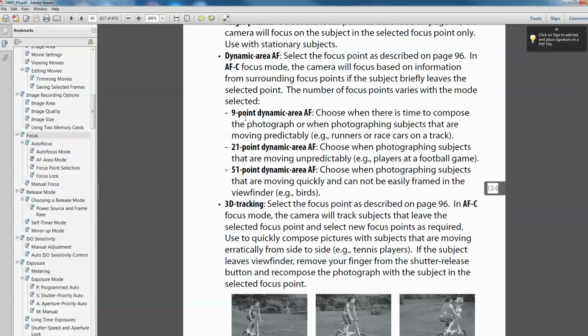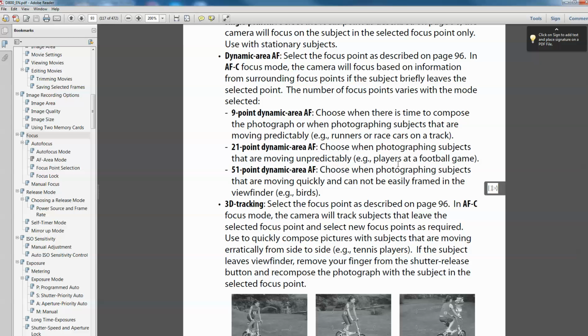But here is the key thing. The 9 point is chosen when there is time to compose a photograph, and I think the example is better than the explanation. The example is runners or race cars on a track, so you know which direction they're going. They're relatively predictable. So 9 points is when it's predictable. 21 points is when they are less predictable.